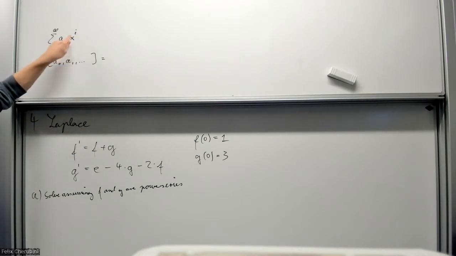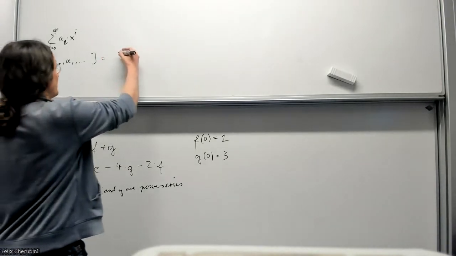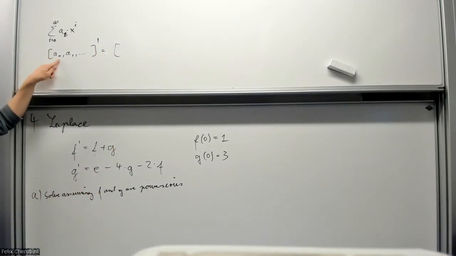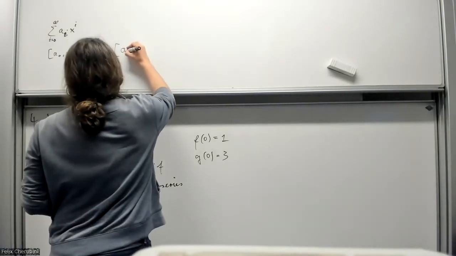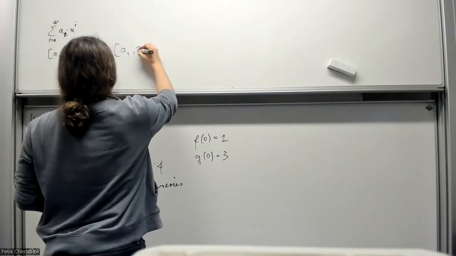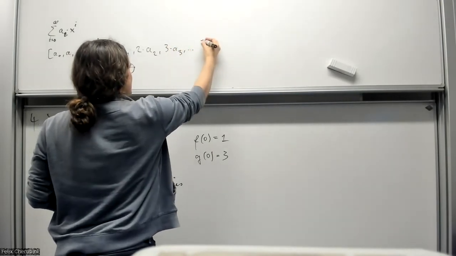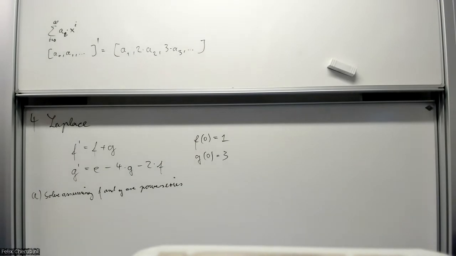At each summand we get a factor of i, and then we shift the whole thing. So we get a new power series which drops the a0, because a constant vanishes when deriving. Then we have 1 times a1, 2 times a2, 3 times a3, and so forth.